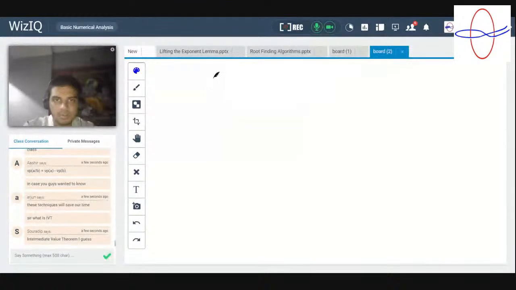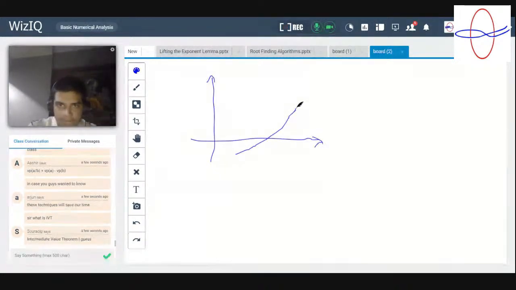So let's first talk about our problem here. Problem is simple. In this case, let's say this is some polynomial, some f of x, and we need to find the value of x at which f of x is 0, right?